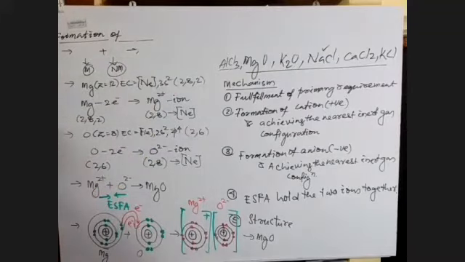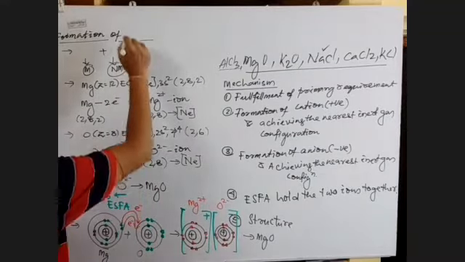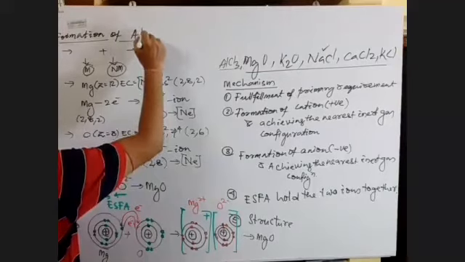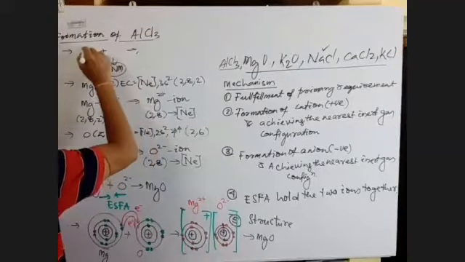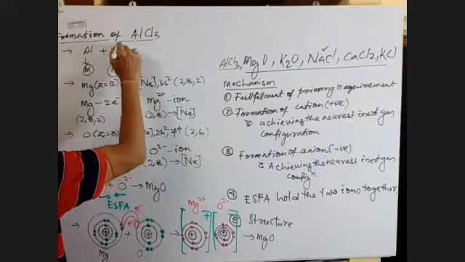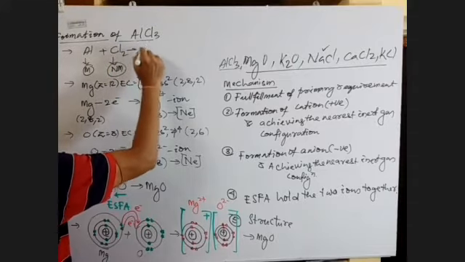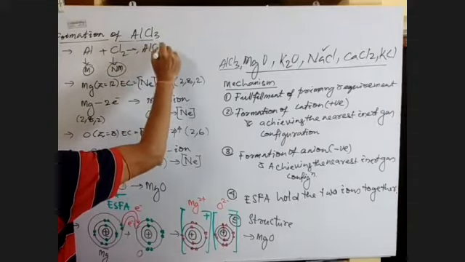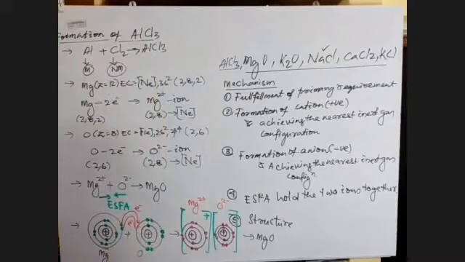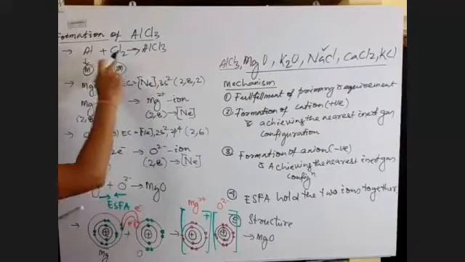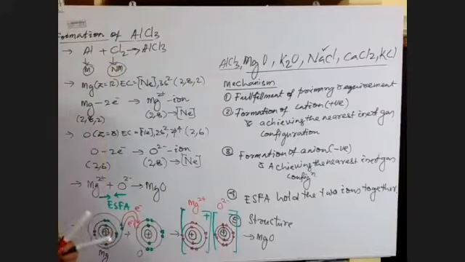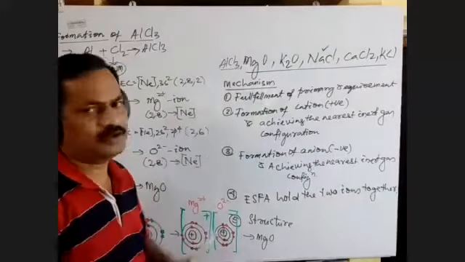So aluminium is reacting with chlorine and forming AlCl3. Aluminium is a metal, chlorine is a non-metal. So our primary requirement is fulfilled.